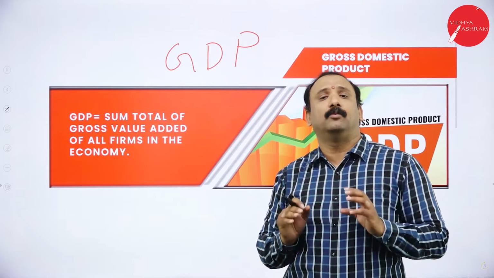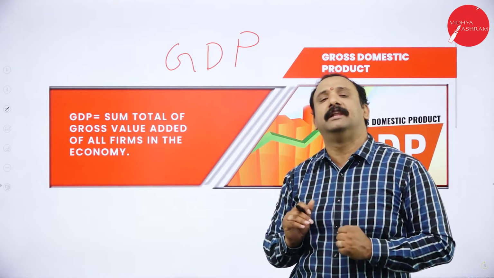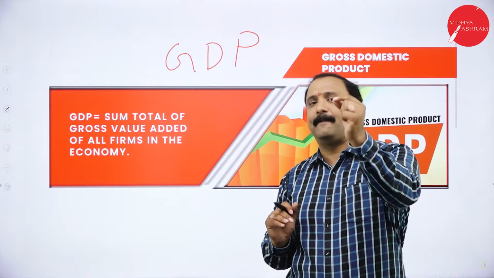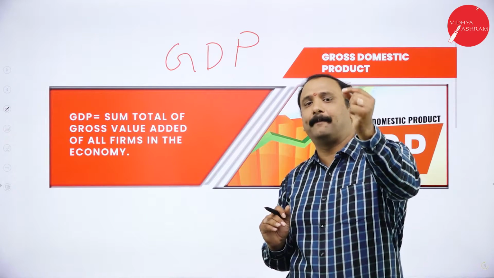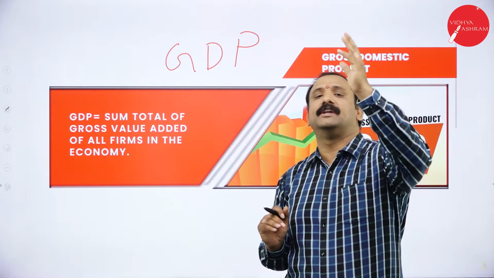Now the GDP, what does it stand for? What does it typically talk about in layman terms? Now GDP tells the production capacity, the export capacity, the consumption capacity of the people, of the nation.